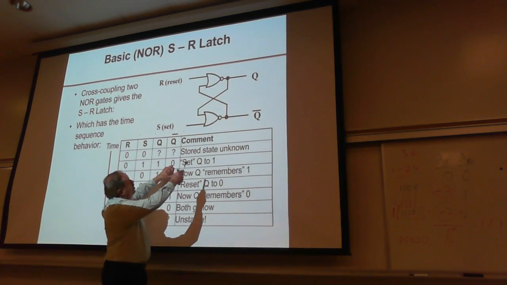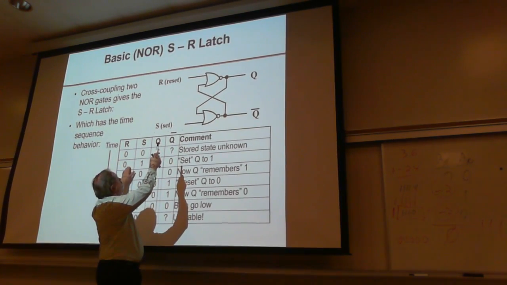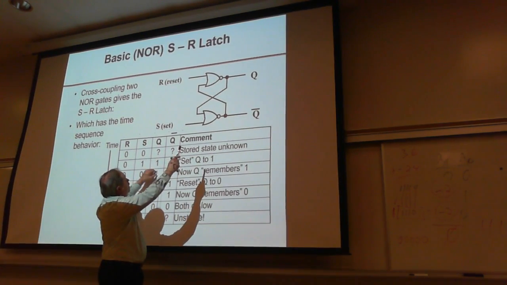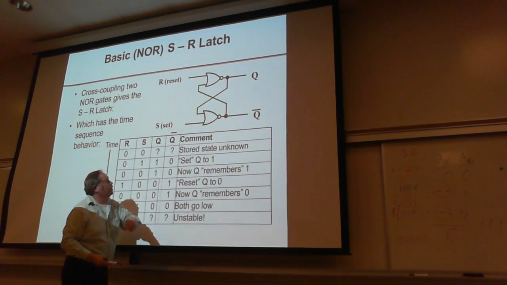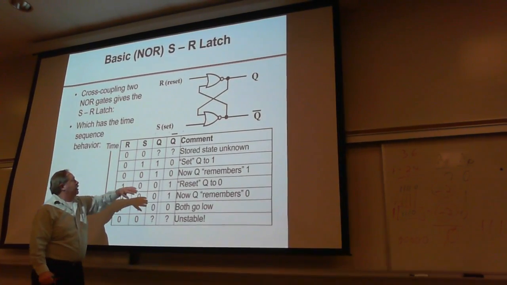That propagates as an input to Q, but it already has its other input, R, being 0, so it's already outputting a 1. So I have 1 for Q and 0 for Q not.